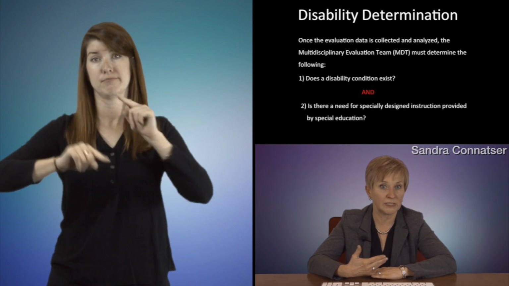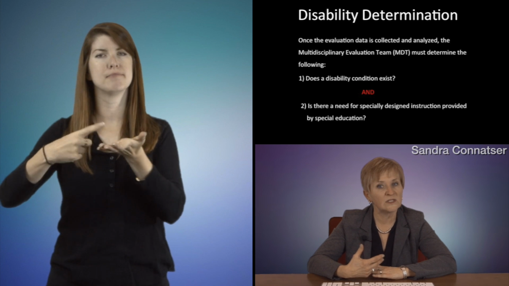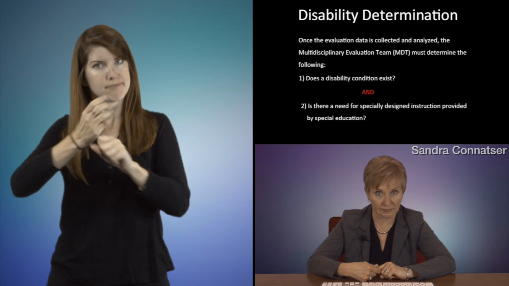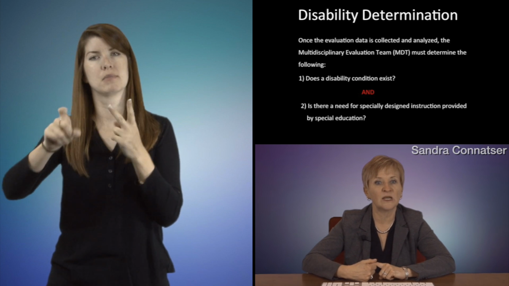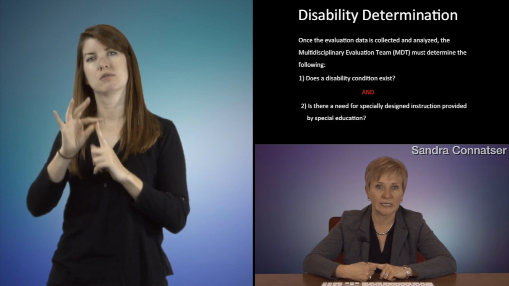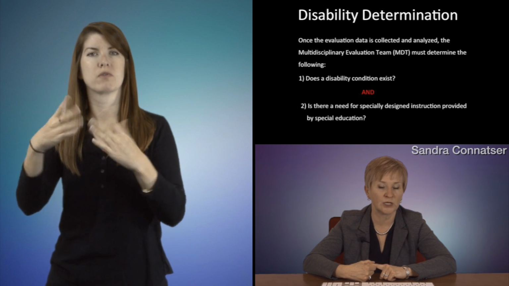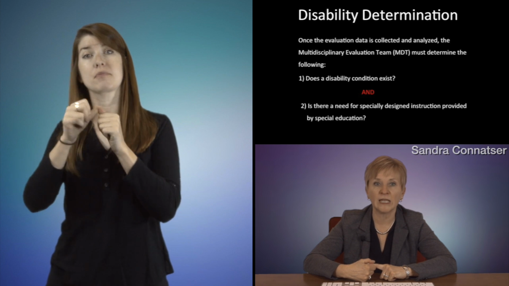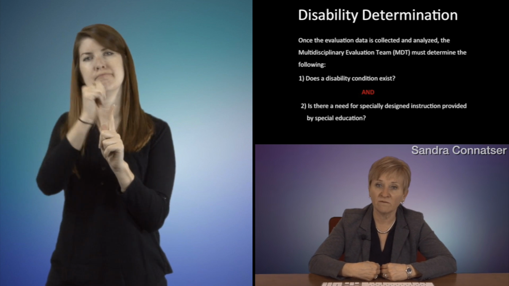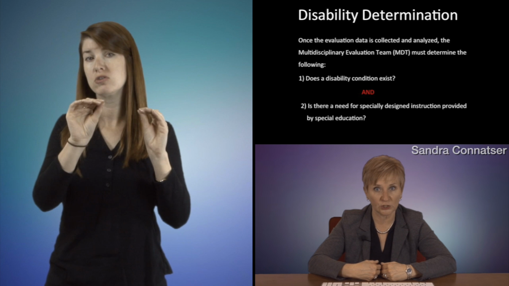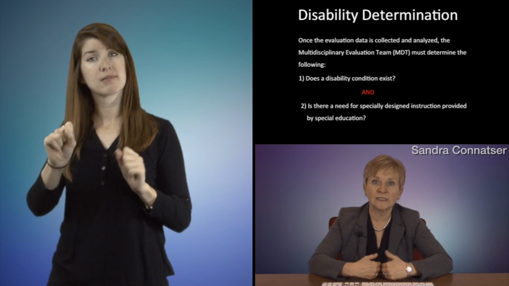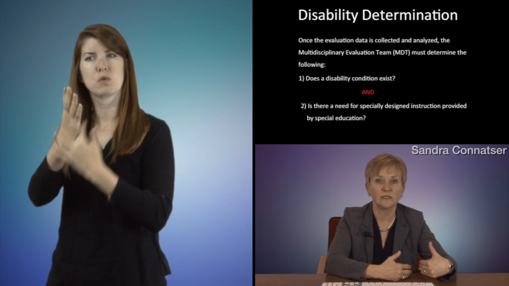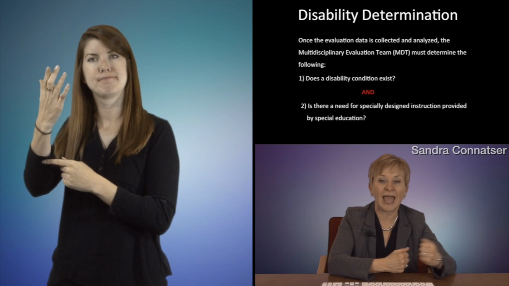The multidisciplinary evaluation team must determine whether or not a disability condition exists, but secondly, they must determine if there is a need for specially designed instruction provided by special education. Remember that if your student does not have a need for specially designed instruction, their needs can often be met through 504 and accommodations through that avenue for you.